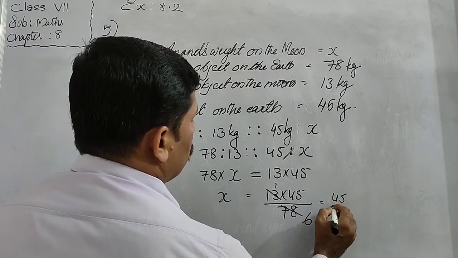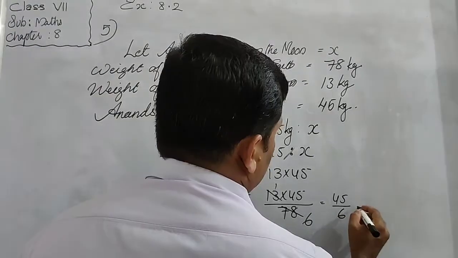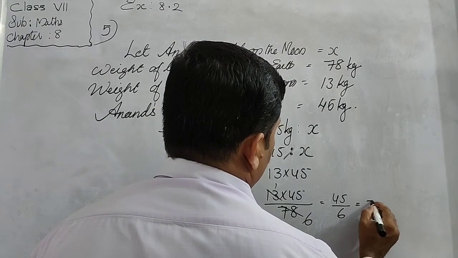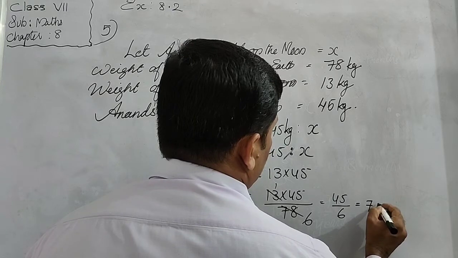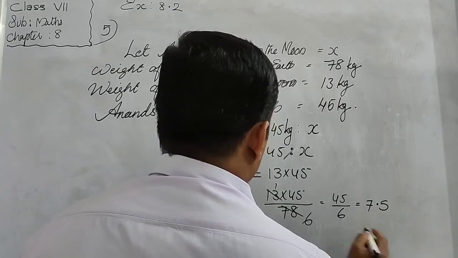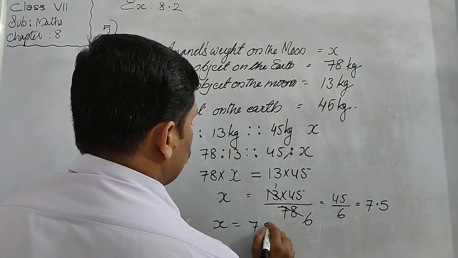45 divided by 6. You know that 7 times 6 are 42. Remainder 3 means 0.5. So 7.5. So x is equal to 7.5 kilogram.